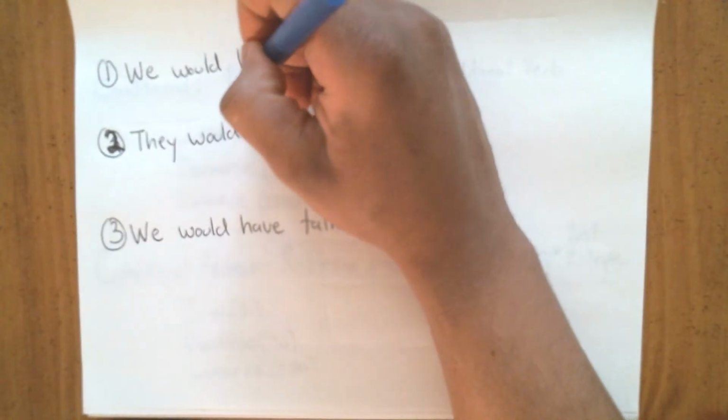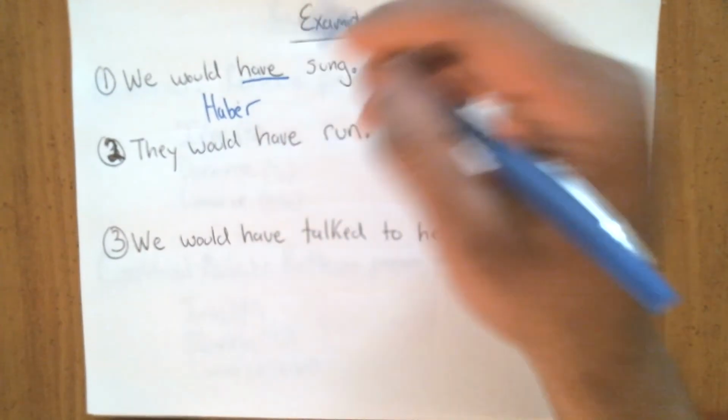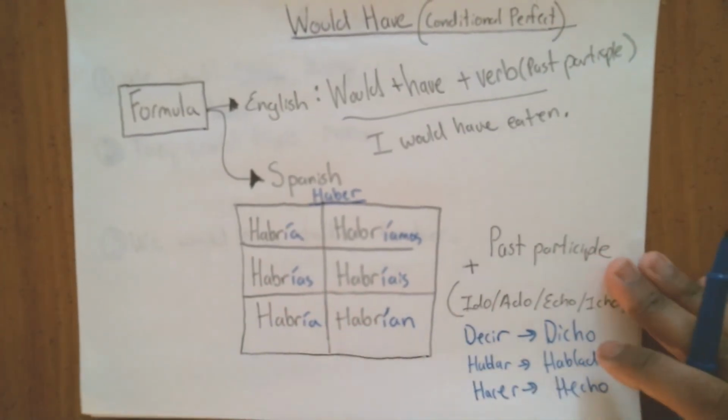So again, remember, the verb have here is what's going to be put in the would form. So what verb is have? That's haber. But do we just say haberíamos? No, this is irregular. Remember, I already gave you the 6 spots here for all the different forms of haber. So it's helpful if you write that down and commit it to memory.